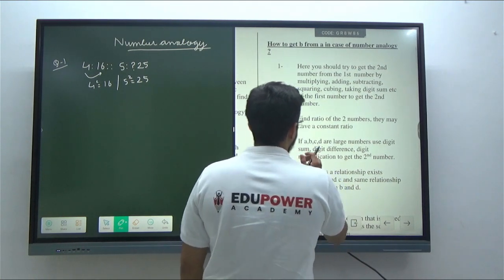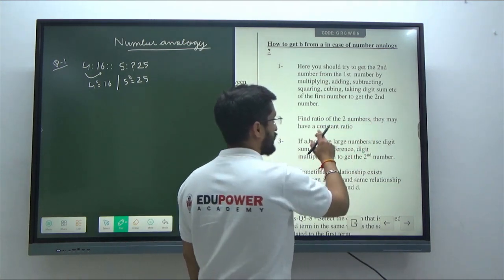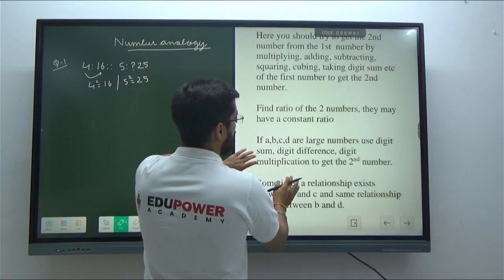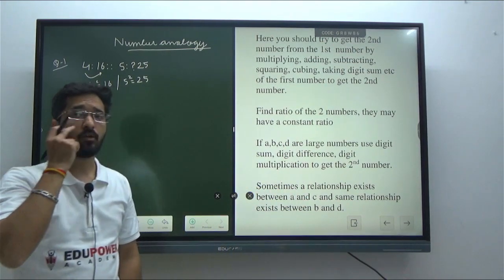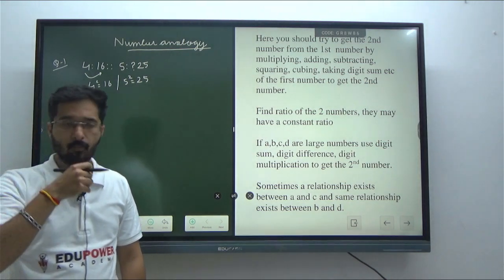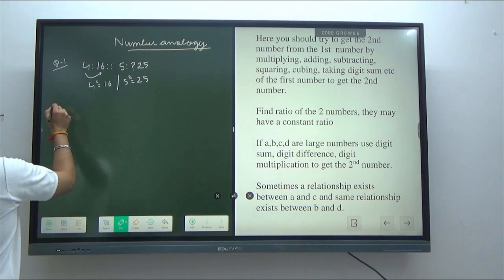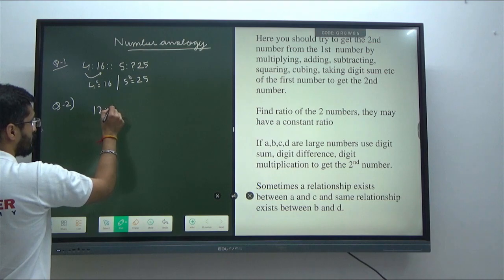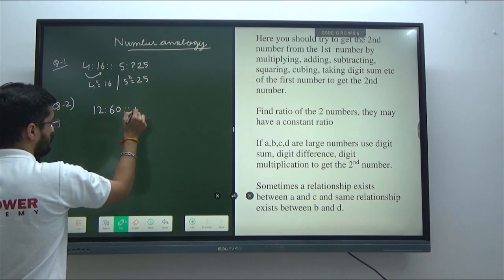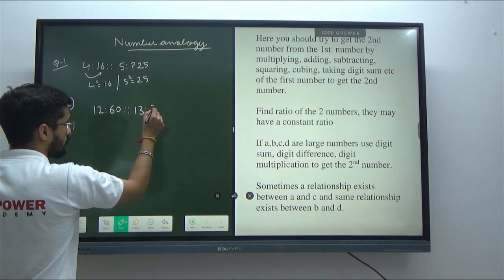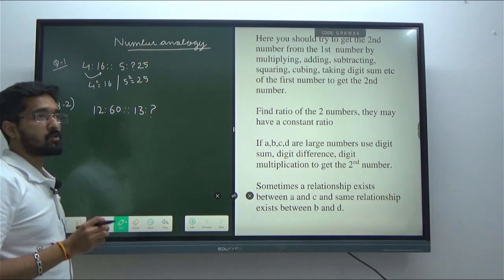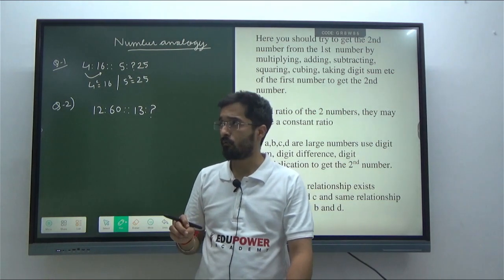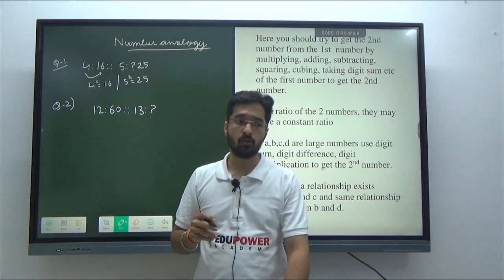The first approach is, we usually find the ratio of the two numbers. They may have a constant ratio. For example, 90% I would say maximum questions in CUET analogy can be solved using this ratio based logic.